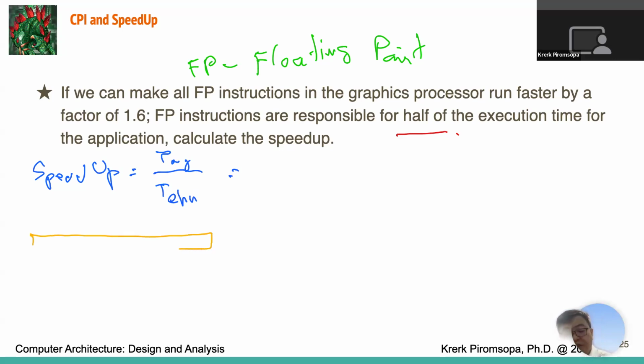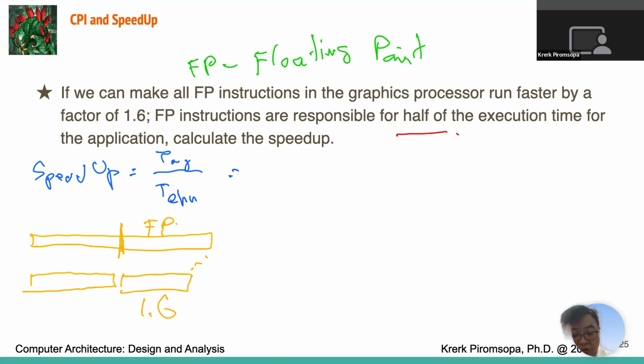Let's say this is the original time, and half of the time is for floating point. The other is for something else. We didn't change this part, but we can make this part faster by a factor of 1.6.